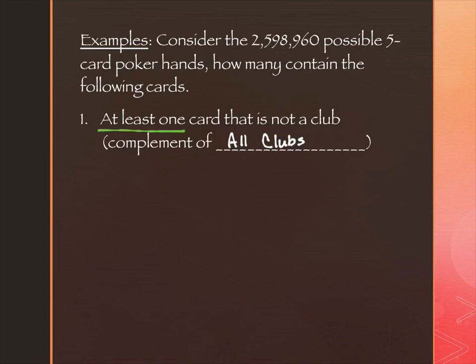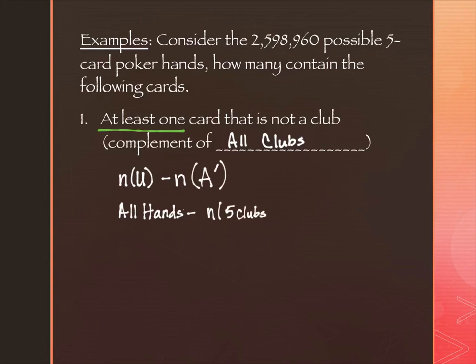So this is the number of ways that we get anything to happen minus the number of ways that we get the complement to happen. I'll write this out in words: the number of ways we have all hands, that's the 2 million number, minus the number of ways we get 5 clubs. That's very specifically what this is asking us to do.